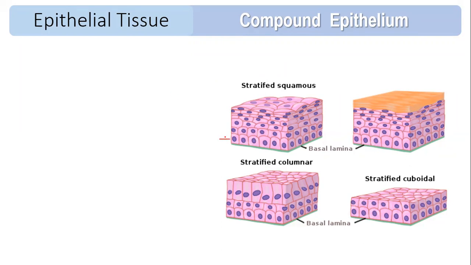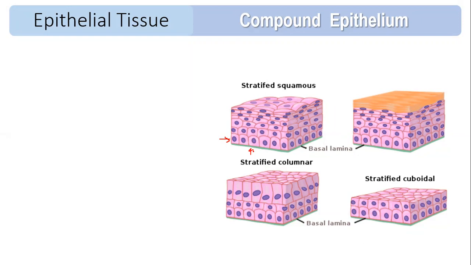Here toward the base, the lowermost layer is resting on the basement membrane. Upper layers are not going to show the presence of basement membrane. Only the lowermost layer is going to show the presence of basement membrane.